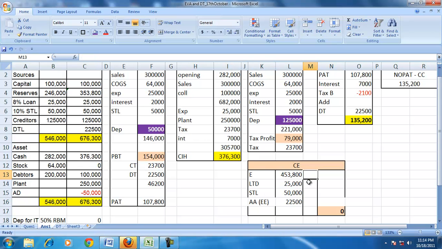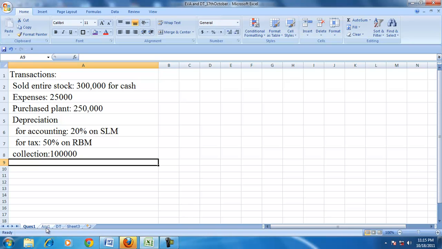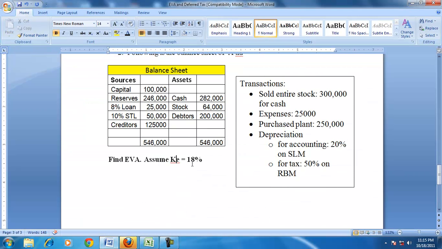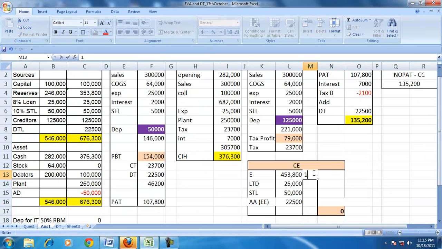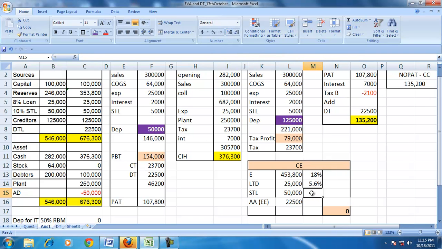So the rate of the cost of equity, we will check what is the cost of equity given, 18%. So the cost of equity will be used to calculate the cost. The cost of the debt is 0.70 into 8%, so it is 5.6%.